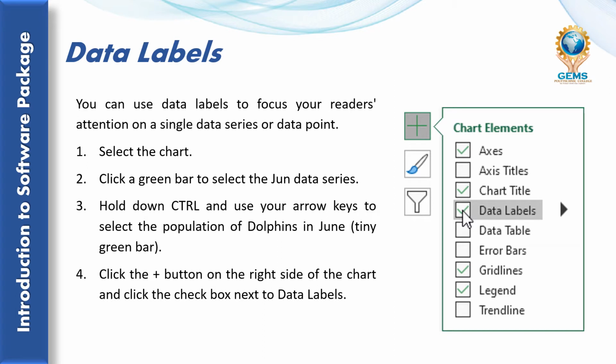Whichever one you want, you can select it. Then click the plus button on the right side of the chart, and click the checkbox next to Data Labels. This is the way you can use the data labels.